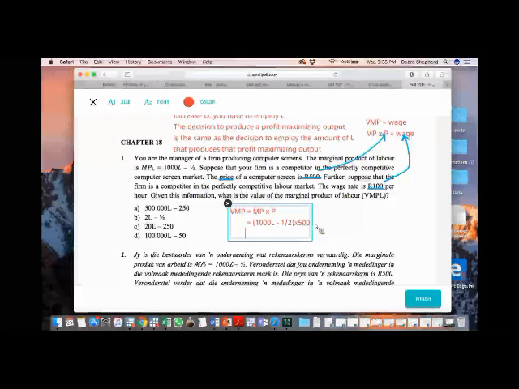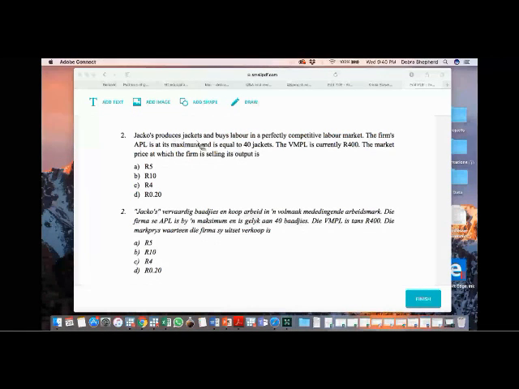So the VMP will be equal to 500,000 L minus a half times 500, which gives me 250. So the answer to this question is A, 500,000 L minus 250.